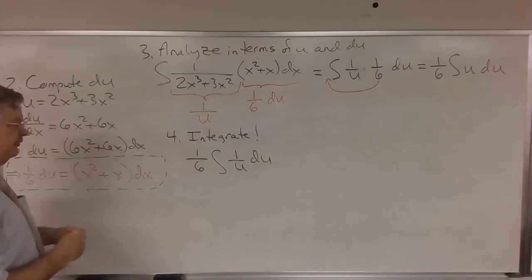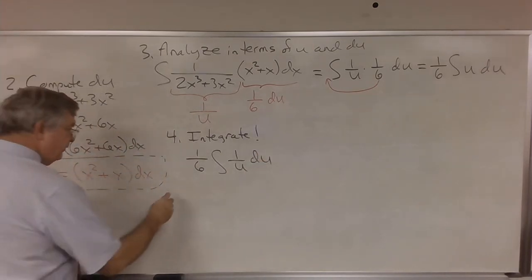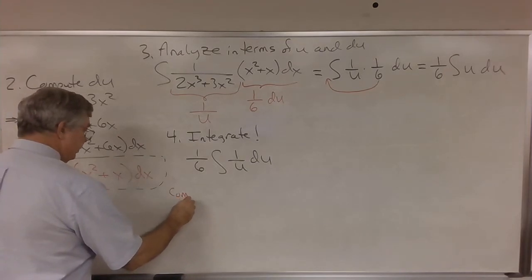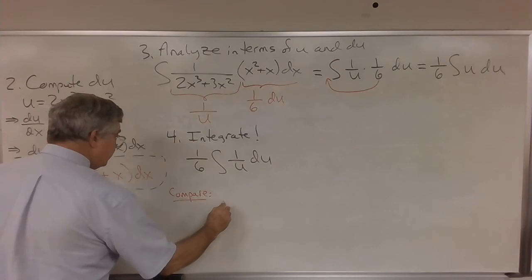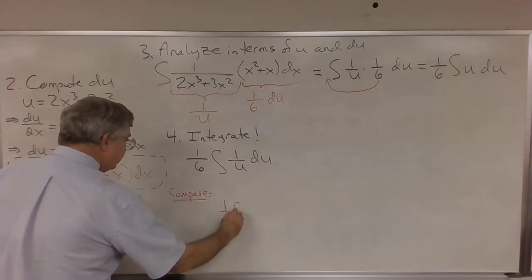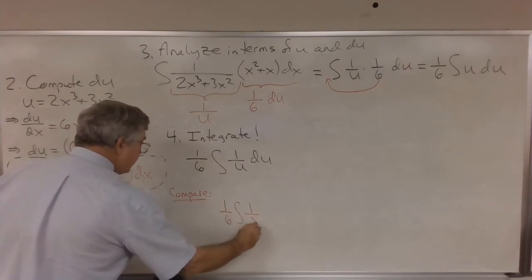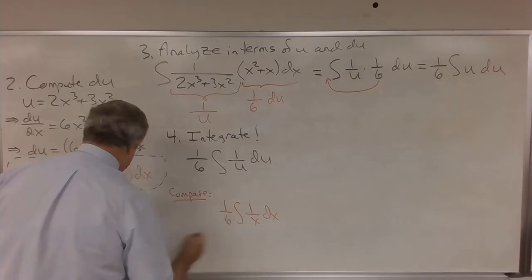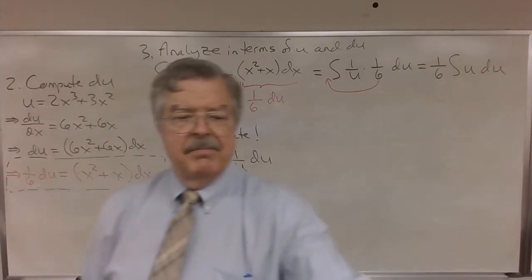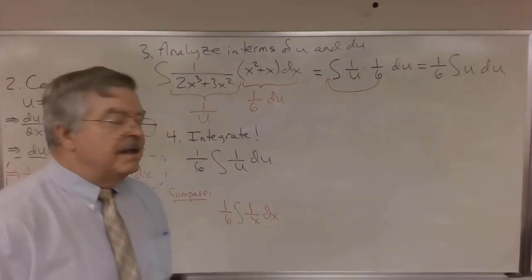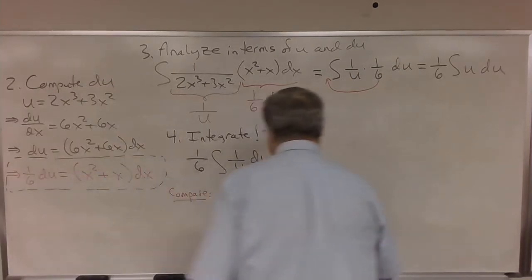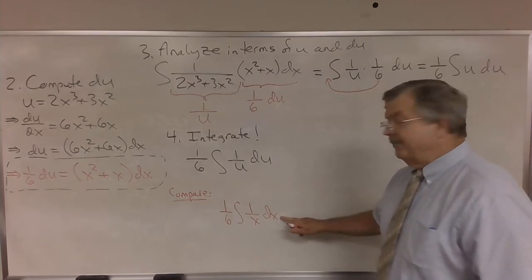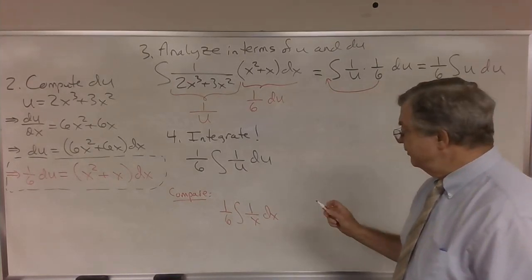And just for the sake of comparison, suppose we have 1/6 the integral of 1 over x dx. Just to help us with this, consider the same expression in terms of x.